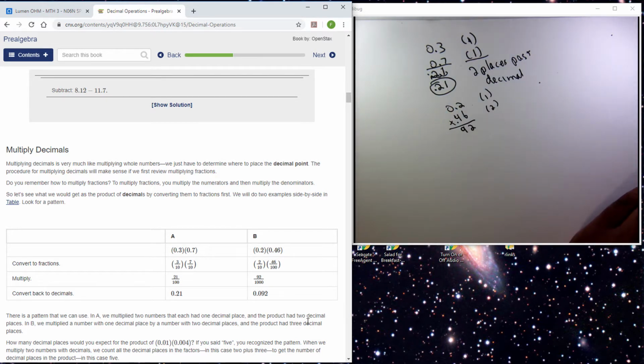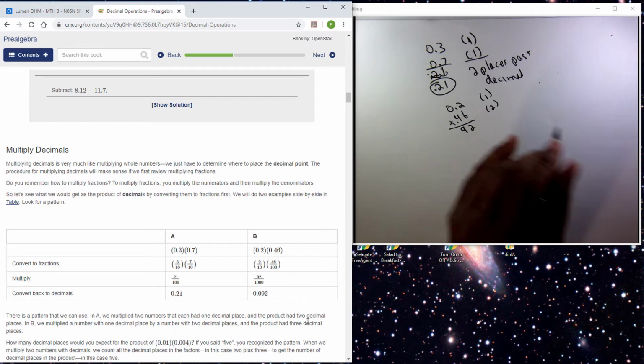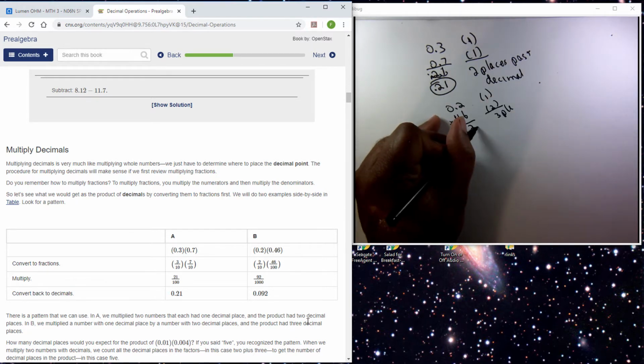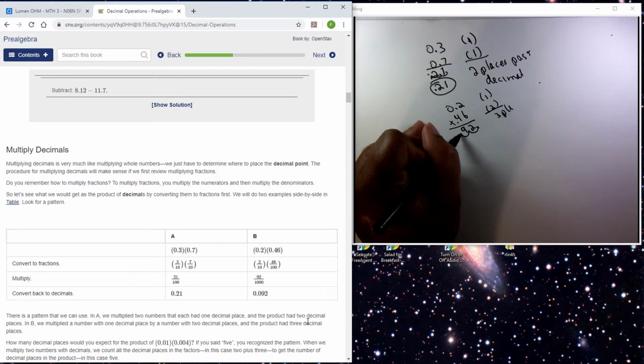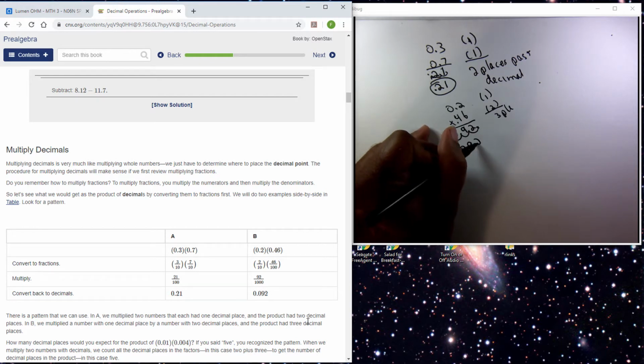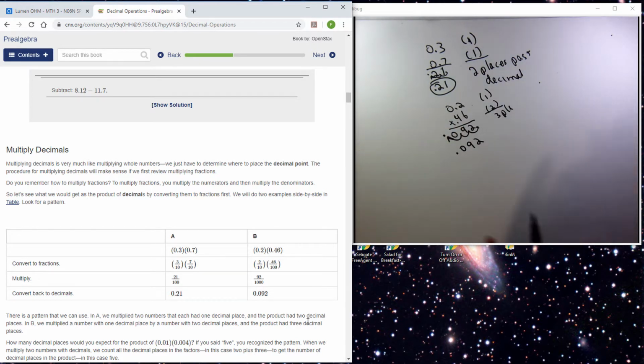And so now I have to count the number of places past the decimal, so I have a total of 3 places here. So I shift the decimal point 1, 2, 3. So my decimal point goes there. My final answer is 0.092.